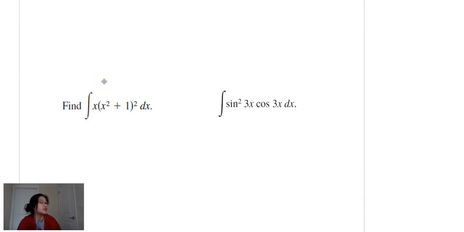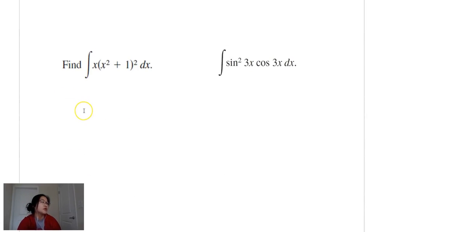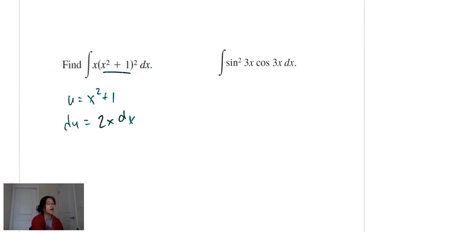So let's do some examples. So look, these are two separate problems. So how are we going to evaluate our indefinite integral there? Well, what's u? Here I think it's x squared plus 1. So du is 2x dx.